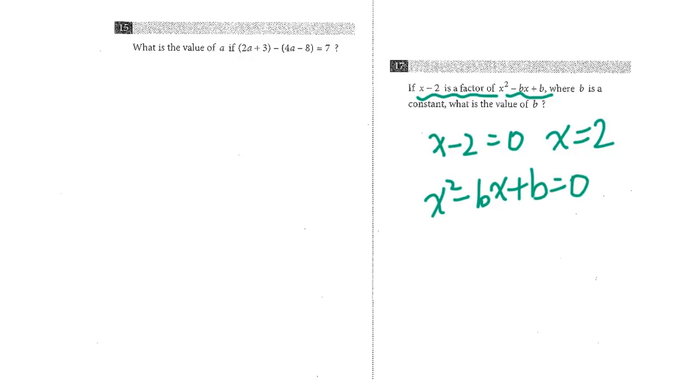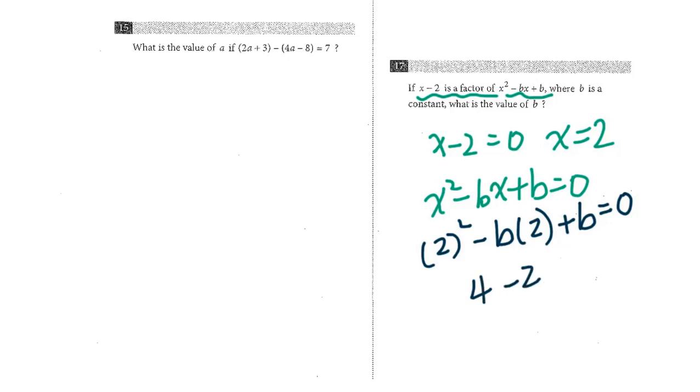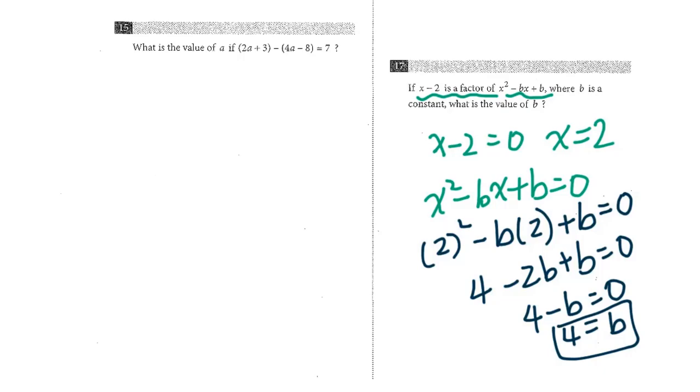So I plug in, you will get 2 squared minus b times 2, then plus b equals 0. So you got 4 minus 2b plus b equals 0. Here's negative b, then equal to 0 here. Then b equals 4. You add b both sides.